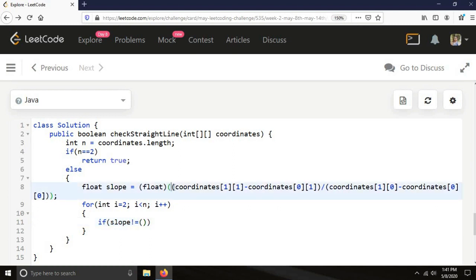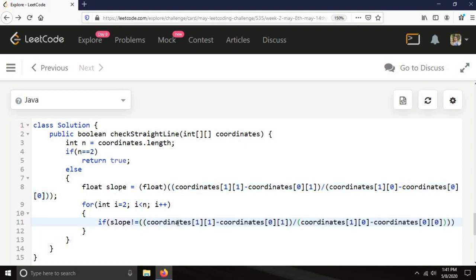Okay, so let's calculate. So here coordinates I1 and here coordinates I0.